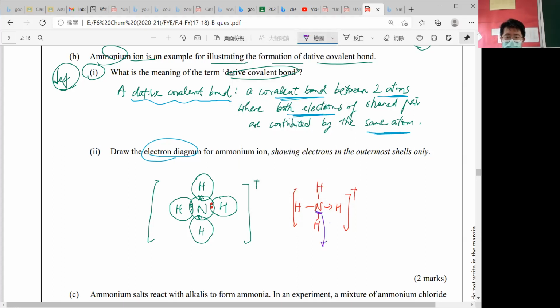So we call this electron-rich, and this is electron-deficient. Why? We have got a lone pair of electrons on the nitrogen atom forming a dative covalent bond to the electron-deficient hydrogen ion, in which we have got no electrons there. Okay, but you want to make it a duplet.